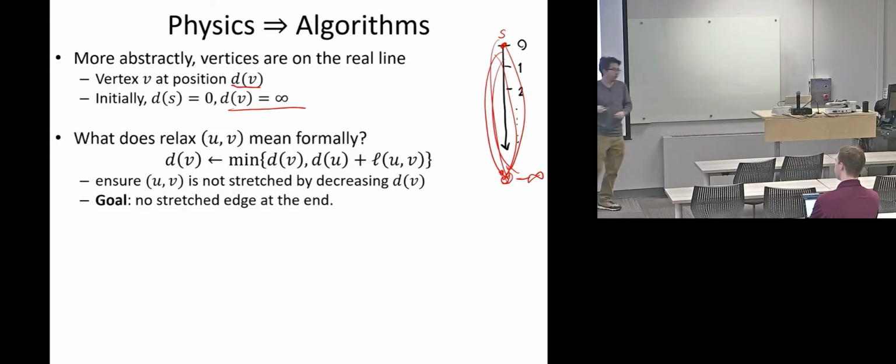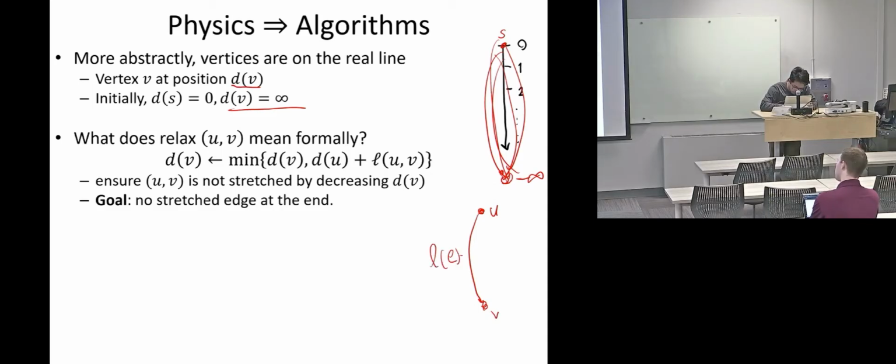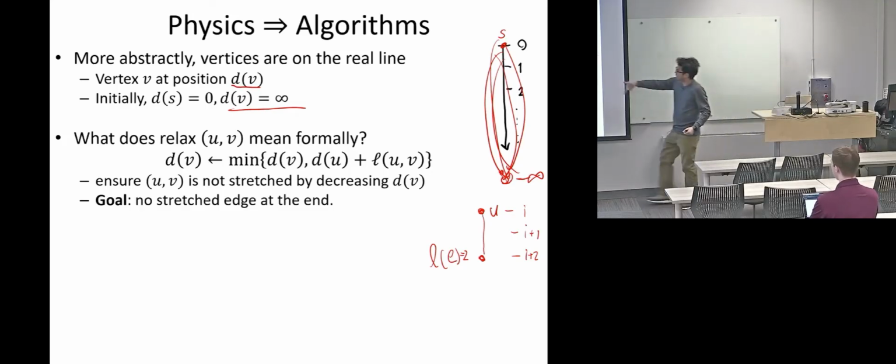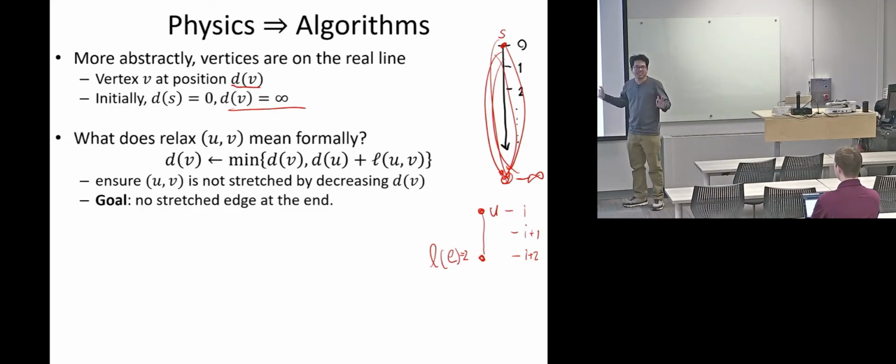Just look at the position of U. If U is here, and let's say this edge was super stretched, and maybe the edge length is 2, and this is position i, i plus 1, i plus 2, and so on. So we're just going to decrease the position of V to here. And now the edge is not stretched. At least this edge is not stretched. This is what it means to relax an edge.